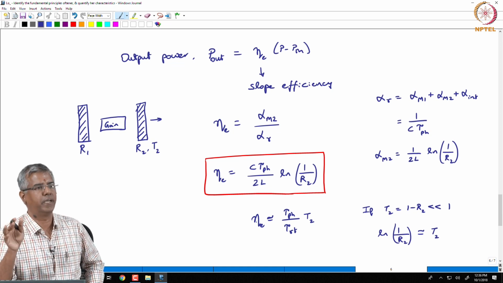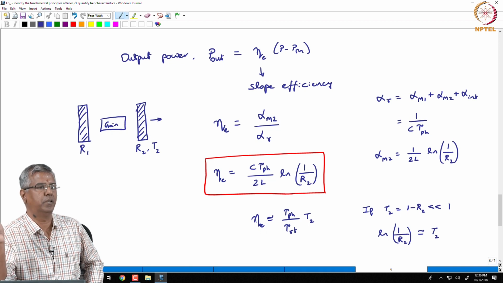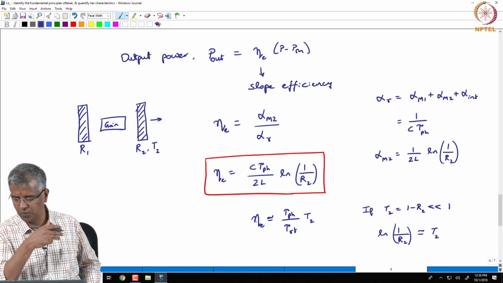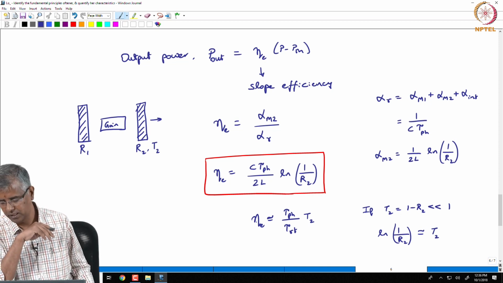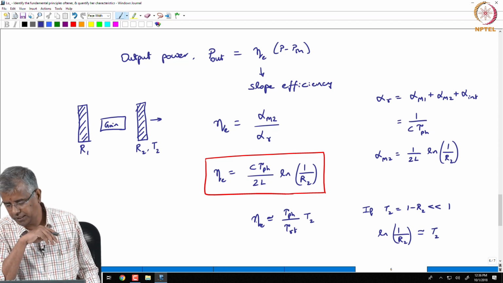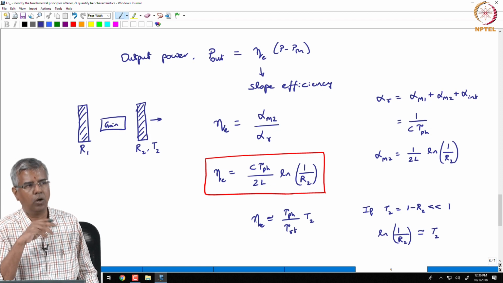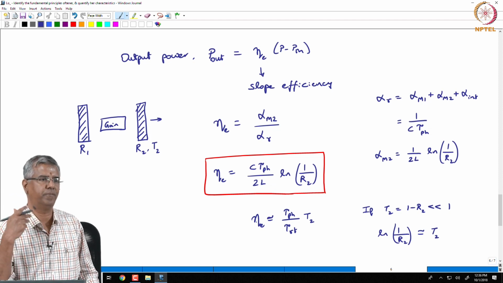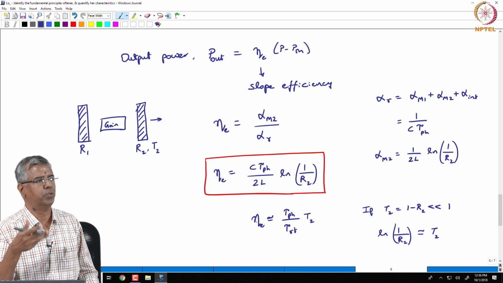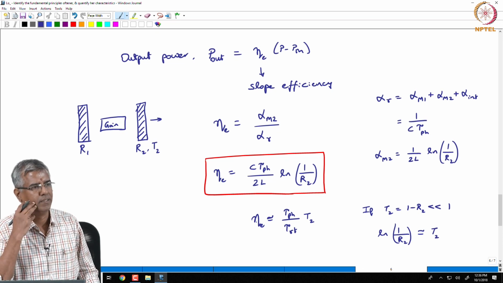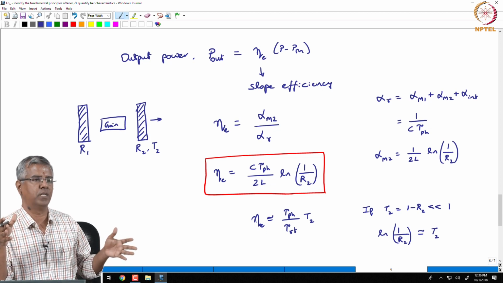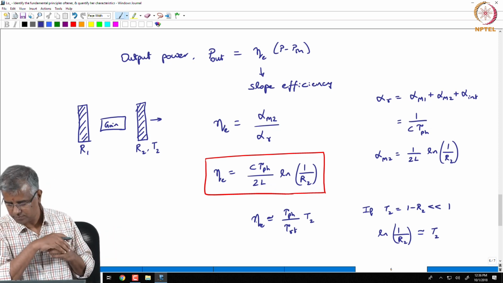Forget about that, but beyond that threshold, if you want to convert the pump photons to signal photons with higher efficiency, I need to have a long photon lifetime. A long photon lifetime will allow me to keep multiplying the signal photons within the cavity.